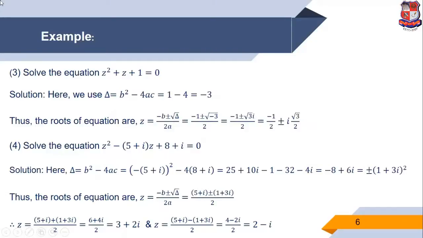Now first we take plus. So the first root z is (5 plus i plus 1 plus 3i) divided by 2. That means (6 plus 4i) divided by 2. That means 3 plus 2i. And for the other we take minus. Then we get 2 minus i.